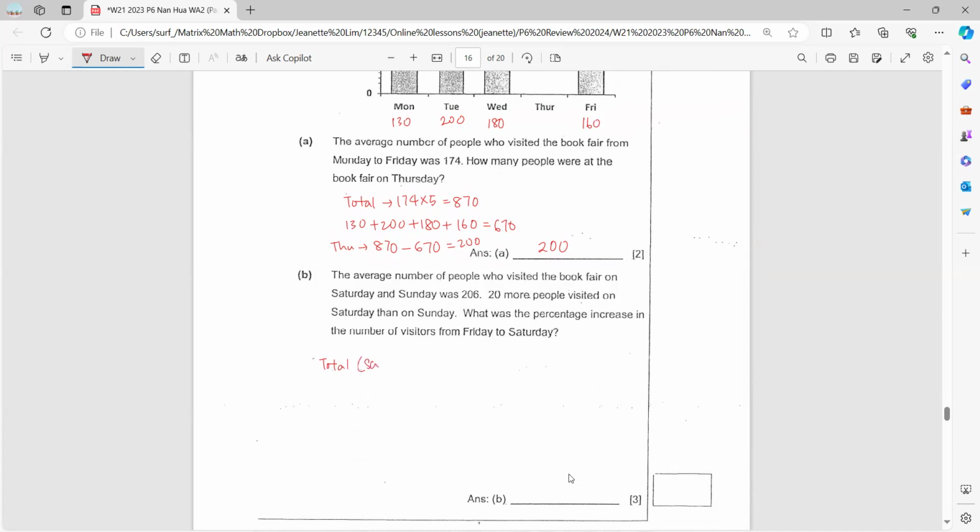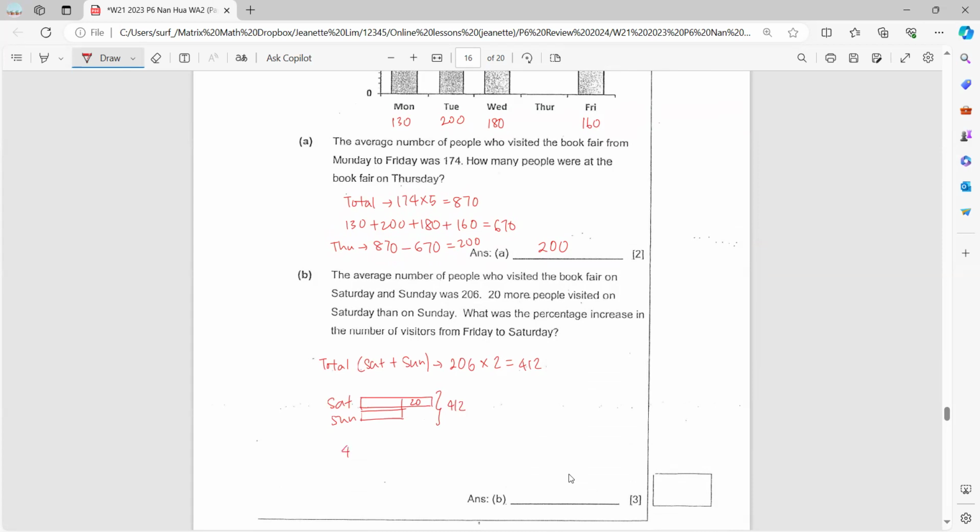For Saturday and Sunday, average 206 for 2 days, so times 2 to find a total, 412. Now, Saturday versus Sunday, there is a difference of 20 more for Saturday. And this total here is 412.